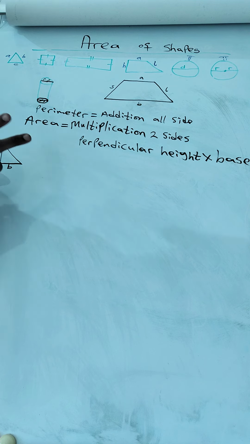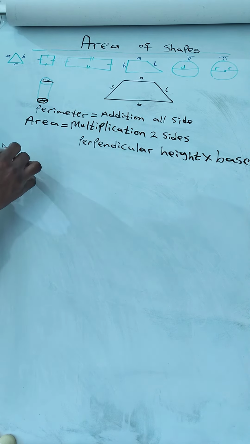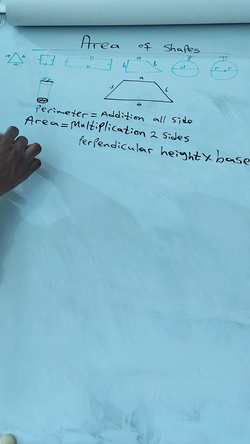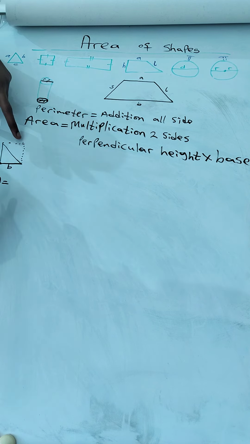That is, we are having more than one base. So the base that we are now having here is an average of the bases of this triangle. That is why, for the area of a triangle, this triangle does not have only this base. Then we see another base here.